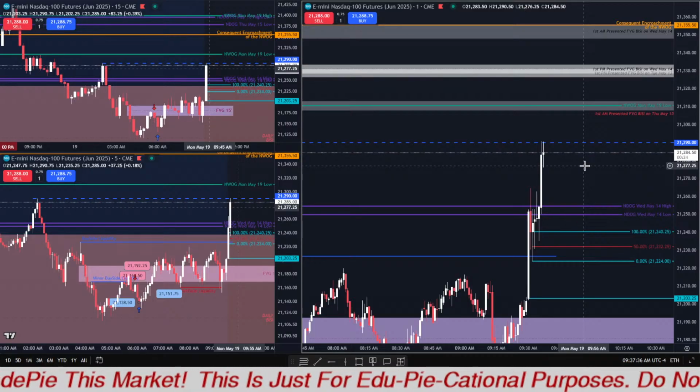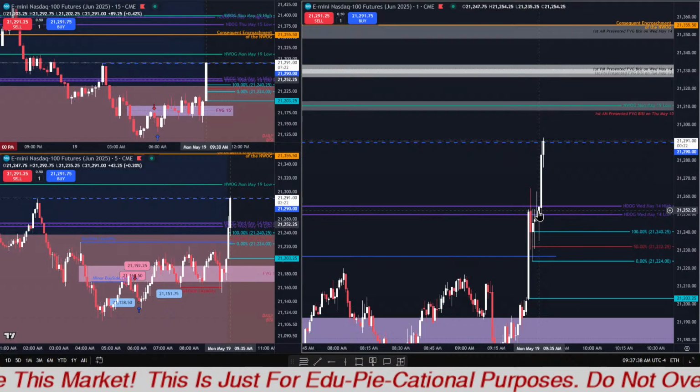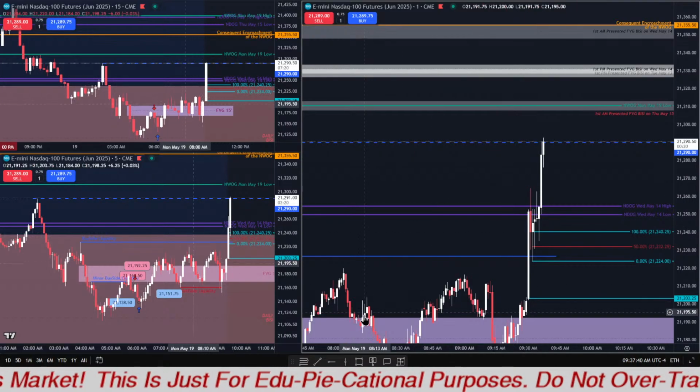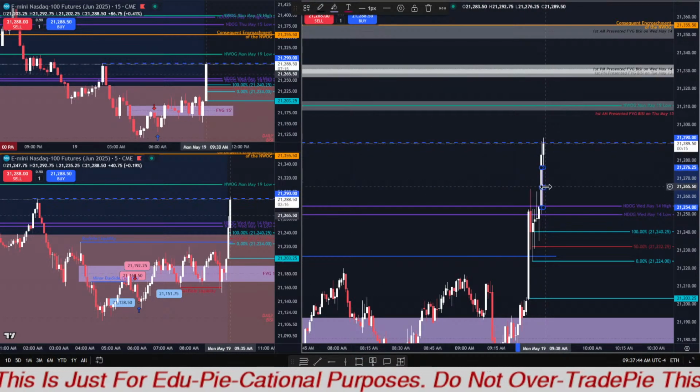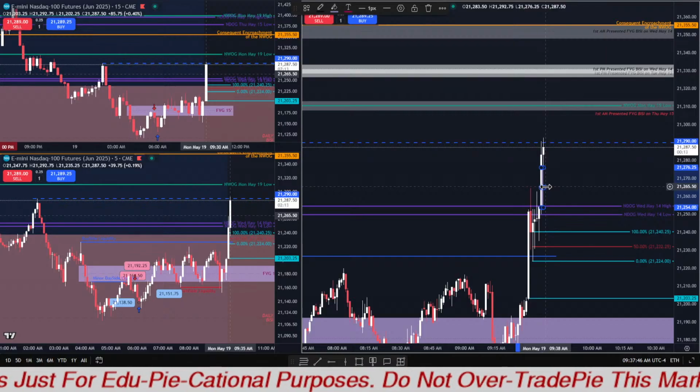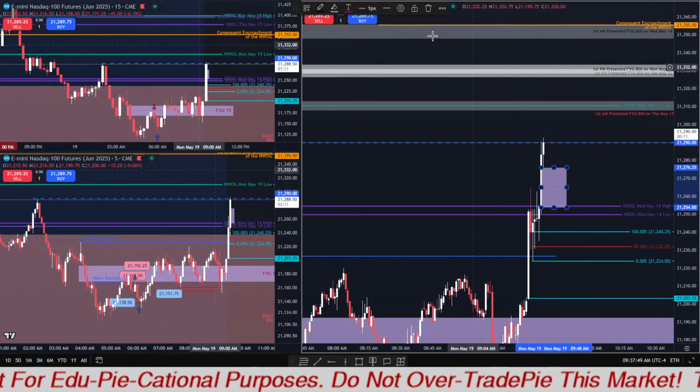Okay, I'm thinking that this can be the first presented fair value gap forming over here. I'm just highlighting it.